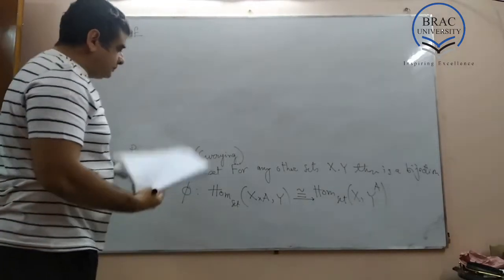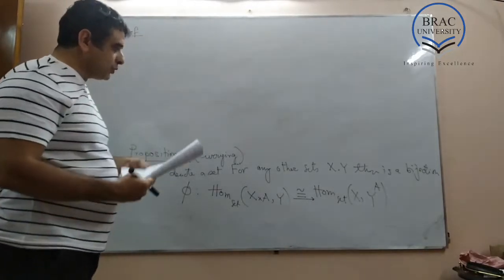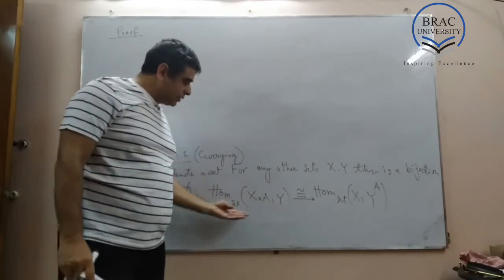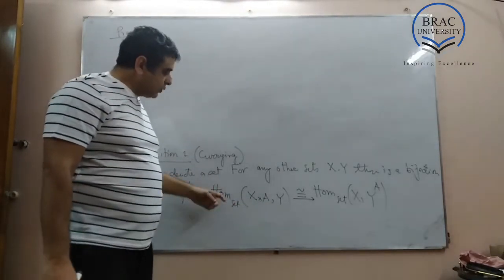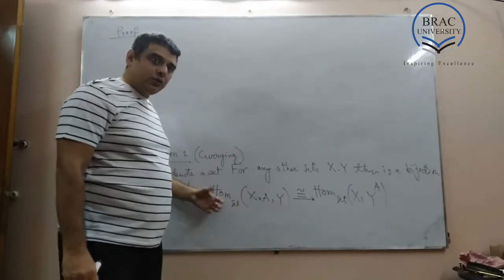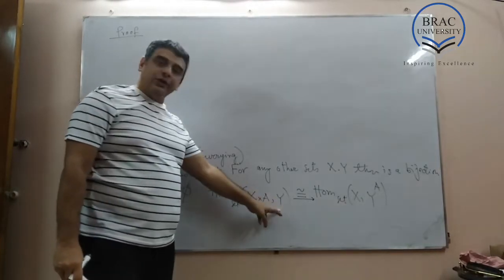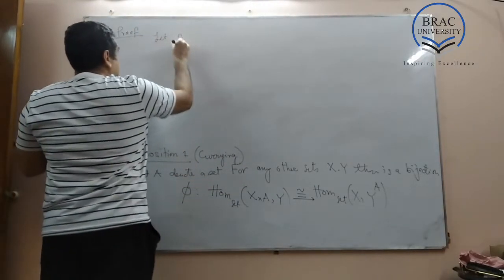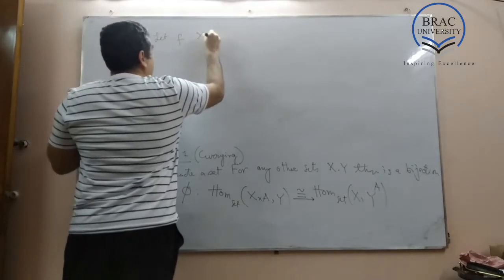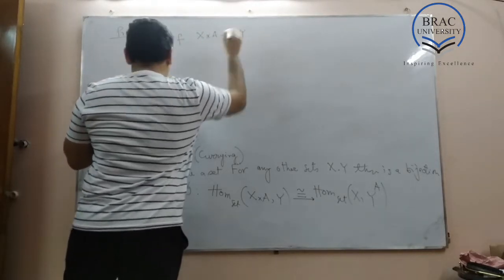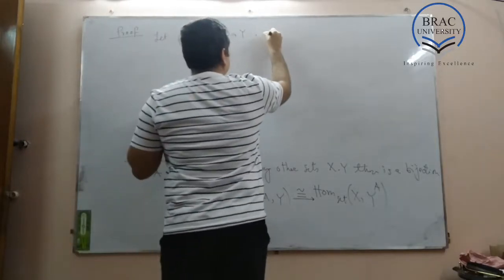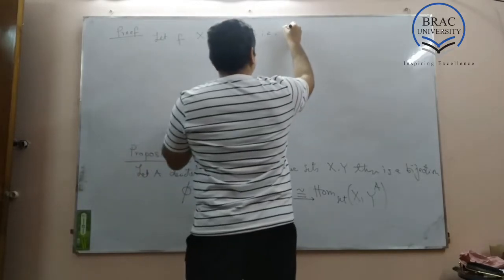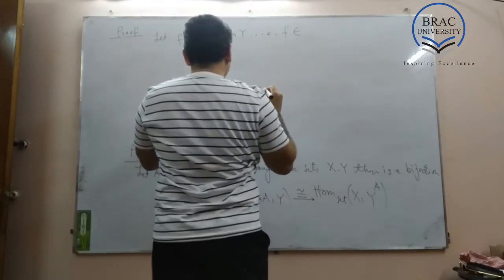In order to establish such an isomorphism, we have to get started with an element from the domain of this map, meaning that we have to choose an element of this set, which is of course a map from X cross A to Y. So let F be a map from X cross A to Y. I'm writing everything in detail so that you can follow clearly.